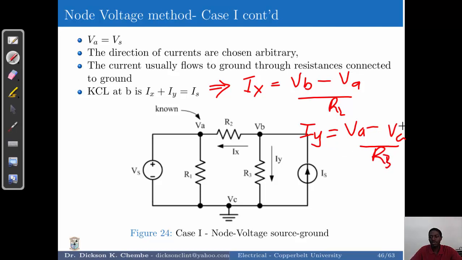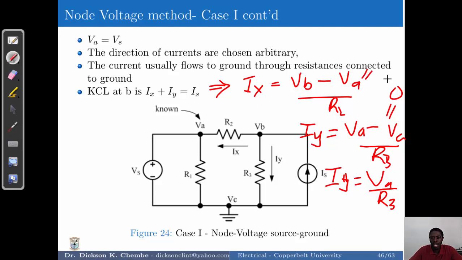But we know that VC is equal to 0, and therefore our IY simply remains VB over R3.